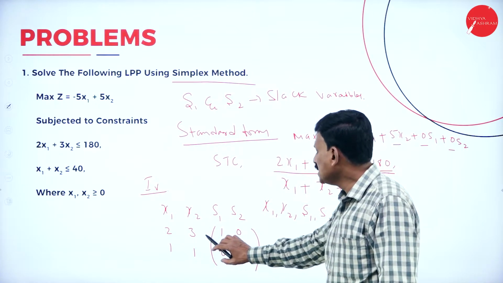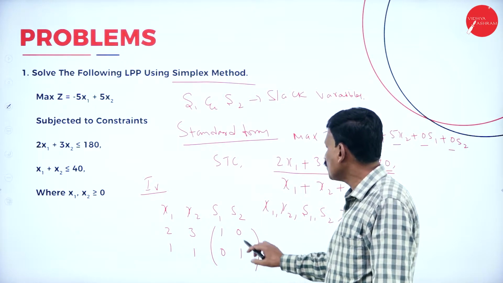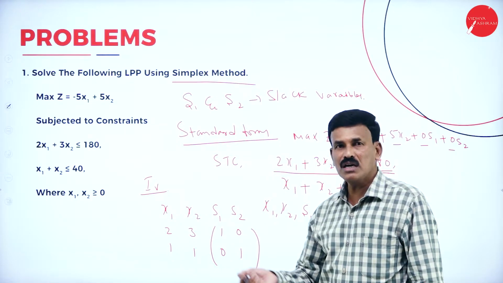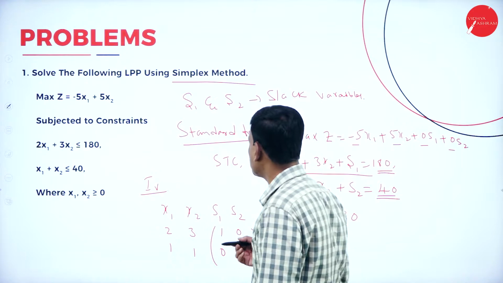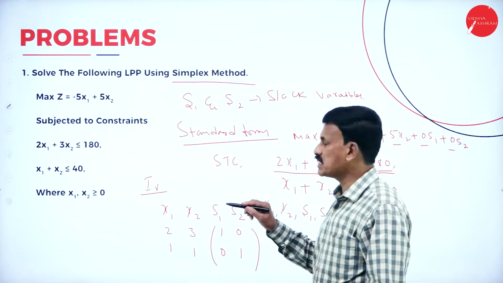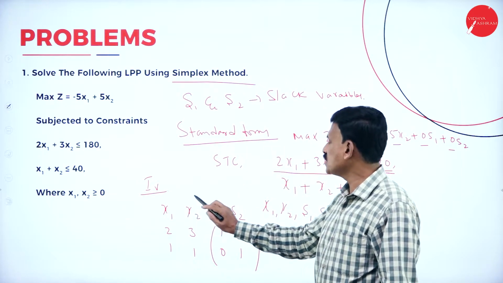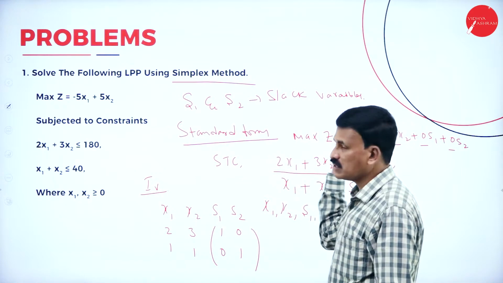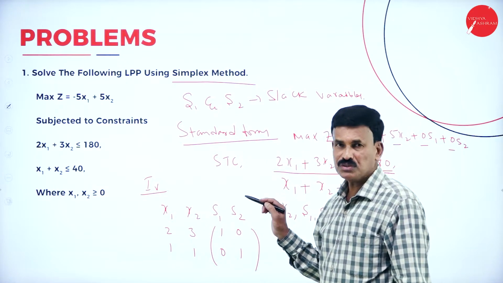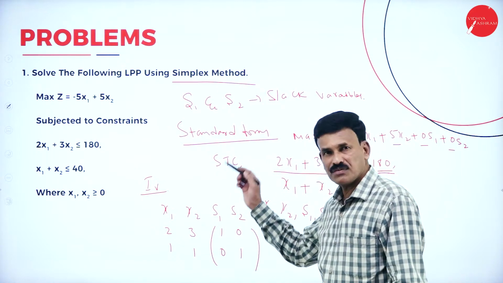By finding the initial vectors, 1 0 and 0 1 for S1 and S2, I will go for the initial simplex table. In the first initial simplex table, write down the coefficients of x1, x2, S1, S2 and x0 on the first row and the second row.